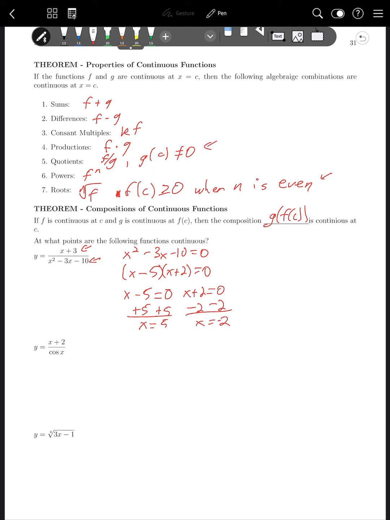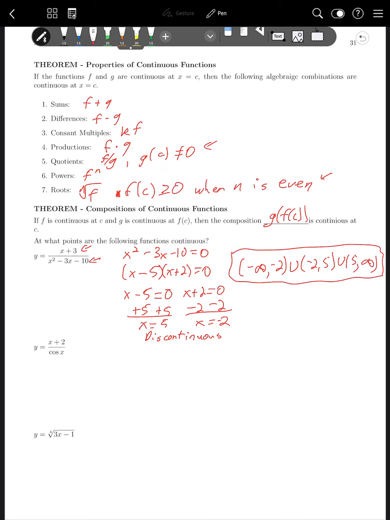So the function is discontinuous at these points. So it's continuous everywhere else. And so the way we can write that is with interval notation. This would be continuous from negative infinity to negative 2, from negative 2 to 5, and from 5 to infinity. So we go from negative infinity to infinity, but we hop over negative 2 and we hop over 5, because those are the places where it's discontinuous.